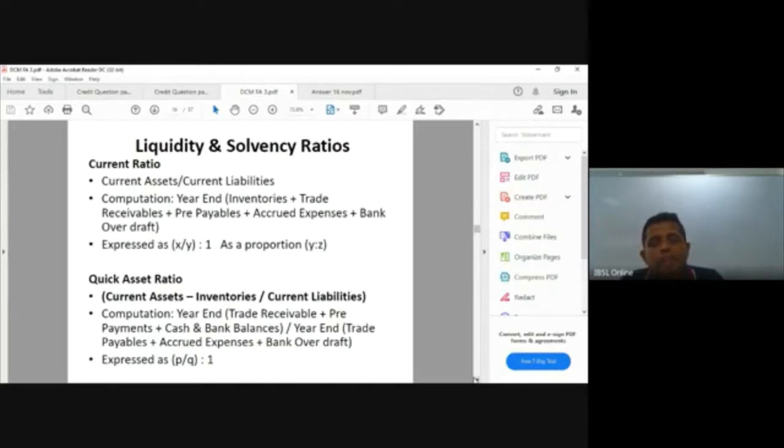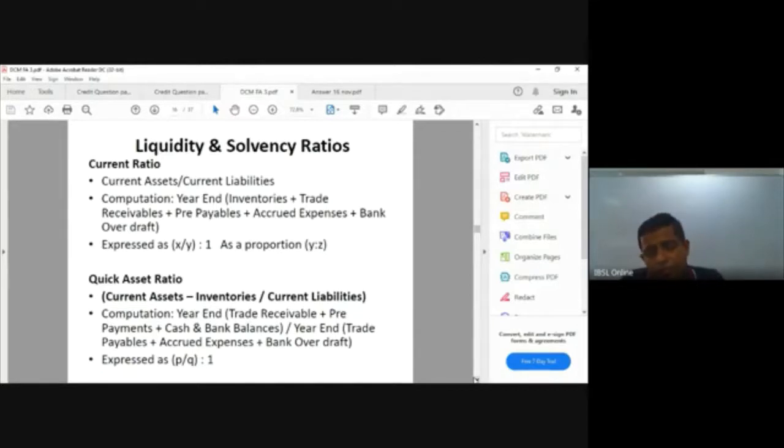Then, apart from cash, if you go to the current assets, stocks and debtors can be easily converted into cash within a few days. If you take debtors, we can ask them to repay the due amounts. Stocks are normally converted into cash within a shorter period of time. Those are also highly liquid assets.